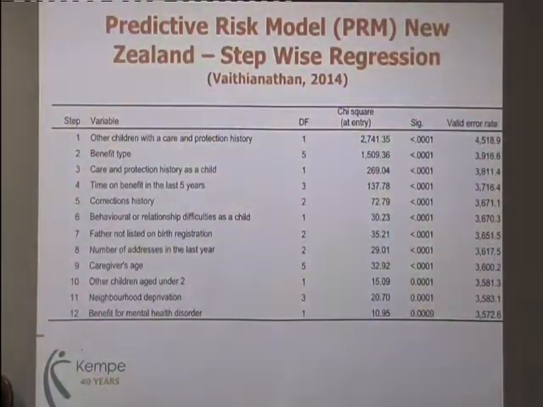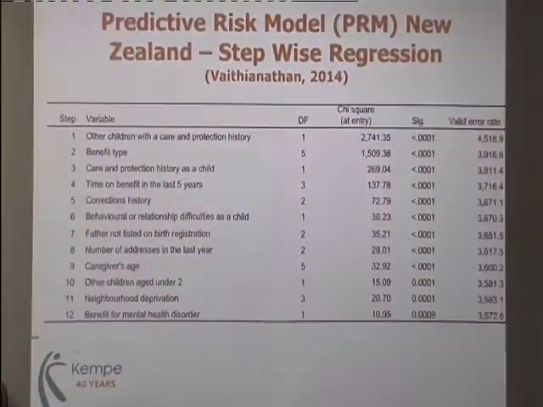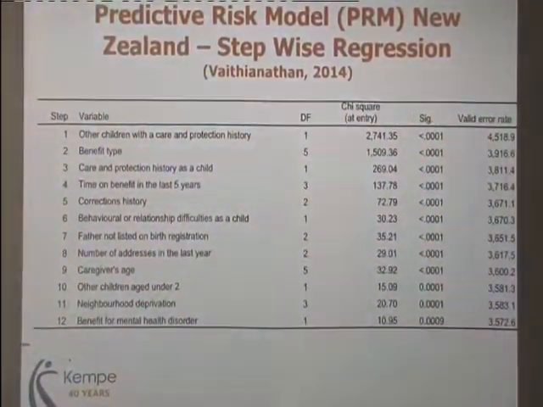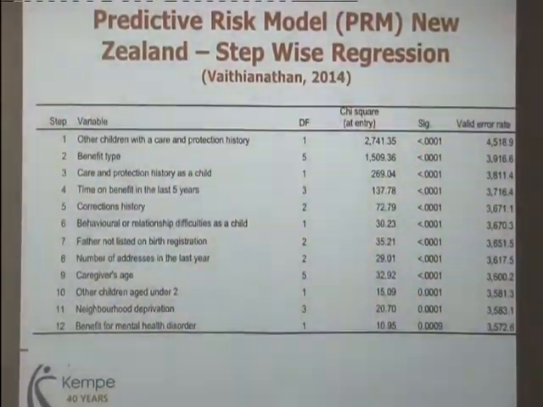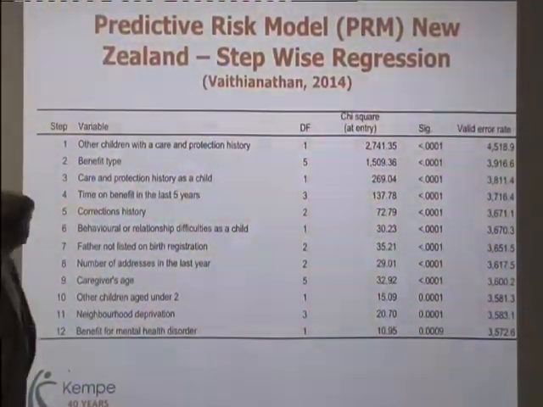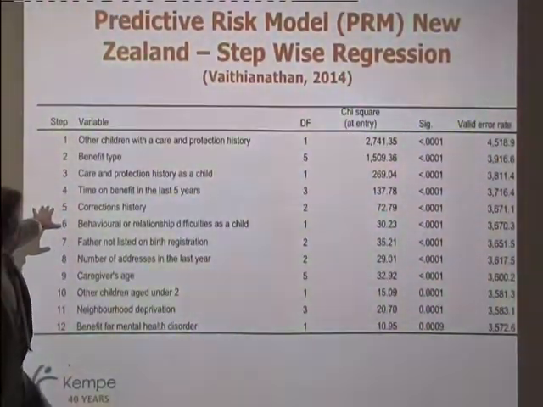The idea is that if an individual who hasn't necessarily been exposed to the child welfare system before has a certain level of risk associated with other kinds of factors, that may be a reason for the child welfare agency in New Zealand to make contact with that family as a preventative measure. And these are just some of the variables that are used.